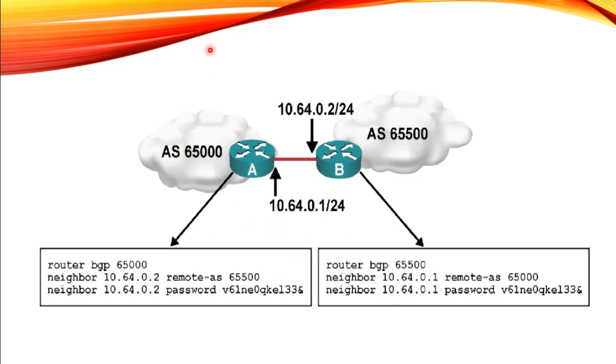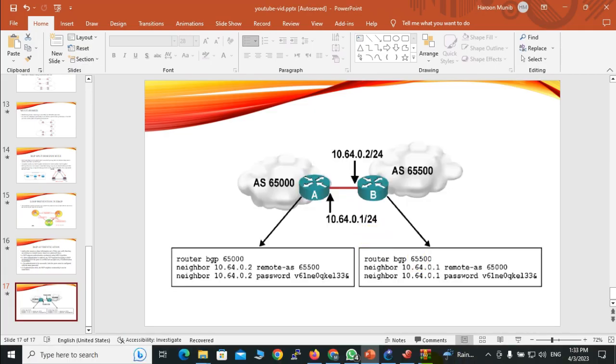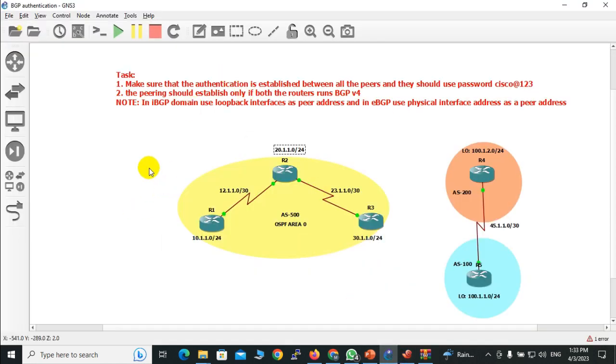So I'm coming to the real lab, to this topology. I created this topology for you, and I want to configure BGP authentication in both domains, iBGP and eBGP. First, I am going to configure BGP authentication in the iBGP domain.